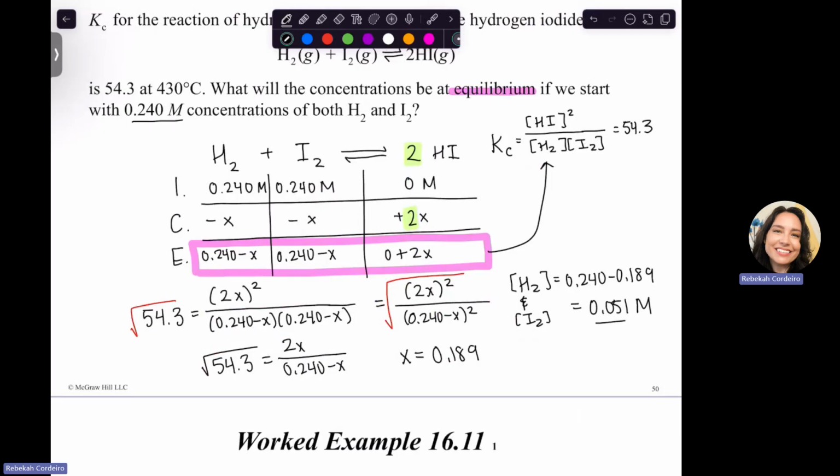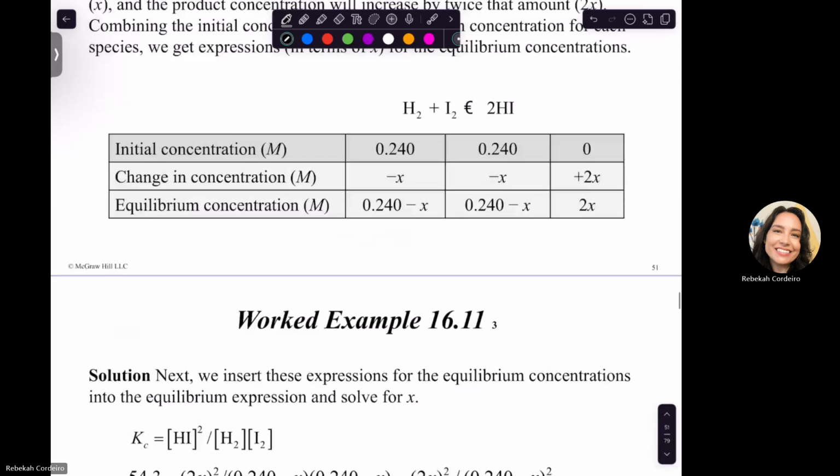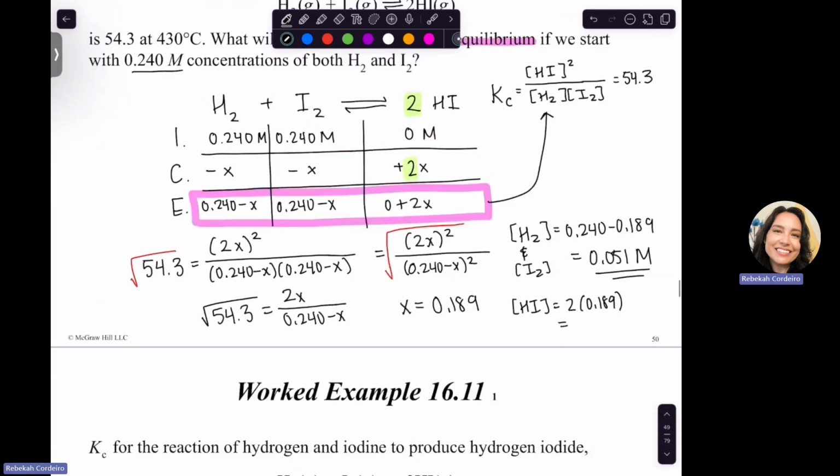And again, concentration is molarity, so let's throw that unit back on there. And then for HI, it's going to be 2 times x, which is 0.378. And again, we'll give the molarity for that one.